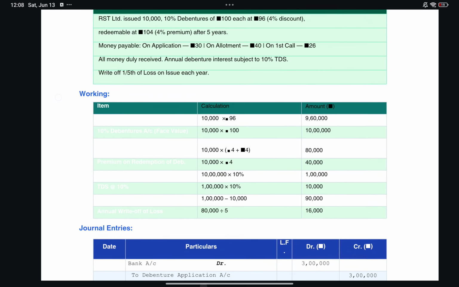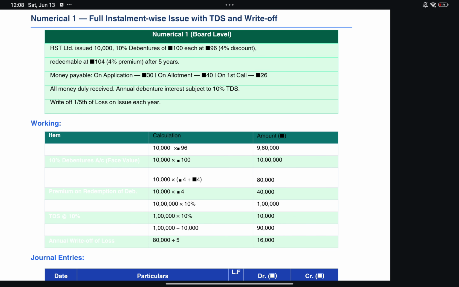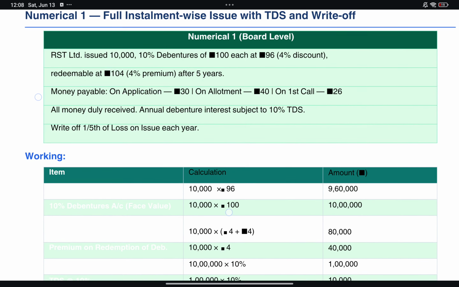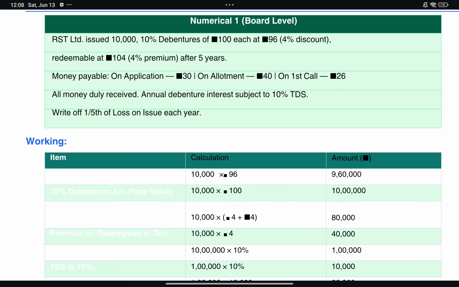Now let's do a full-fledged numerical according to your board exam. First of all I want you to read this question. RST Limited issued 10,000 debentures, 10% rate, face value 100 and issue price 96, that is, 4 rupees or 4% discount.